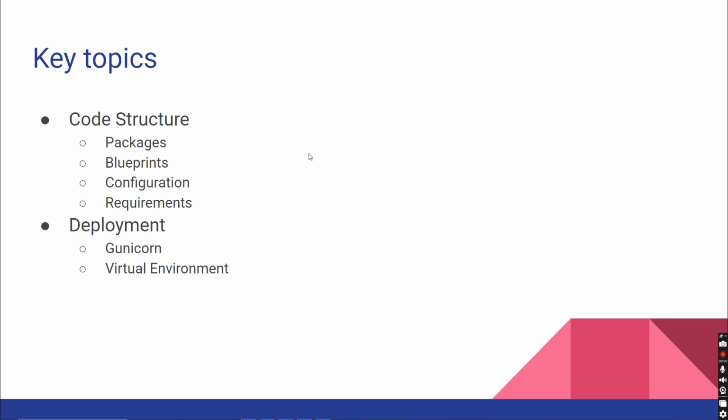But over a period of time, when we started developing large applications, it became very complicated to manage the code. It became very difficult to add features, collaborate, all those kinds of things.